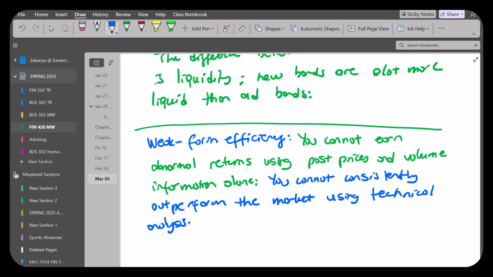But historically, if you do the following exercise, at the end of each June, you sort the stocks based on their market cap. Let's say there are 10,000 stocks, and you buy the 1,000 smallest stocks, market cap weighted, and you short the 1,000 largest stocks, and you keep that position for 1 year.